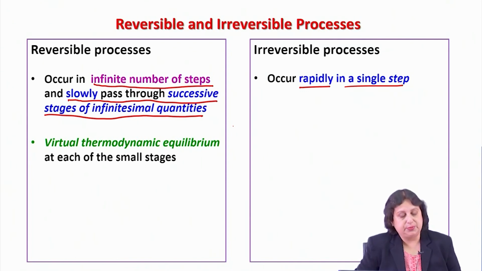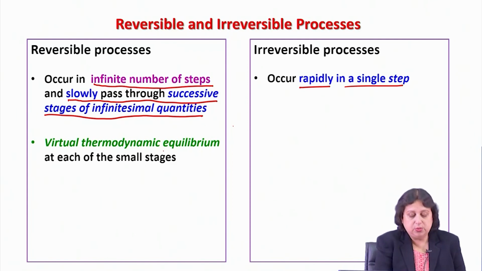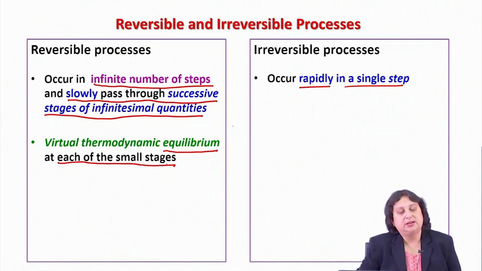During a reversible process, simply because I'm doing it very slowly and I am allowing only an infinitesimal change to happen at each stage of the change in state, the system is allowed to remain in equilibrium with its surrounding at each of the intermediate infinitesimal stages.